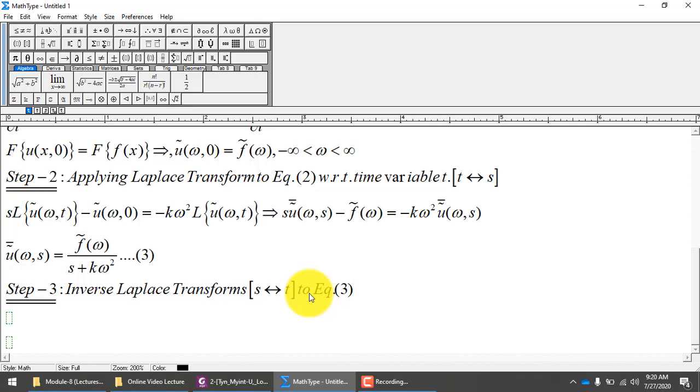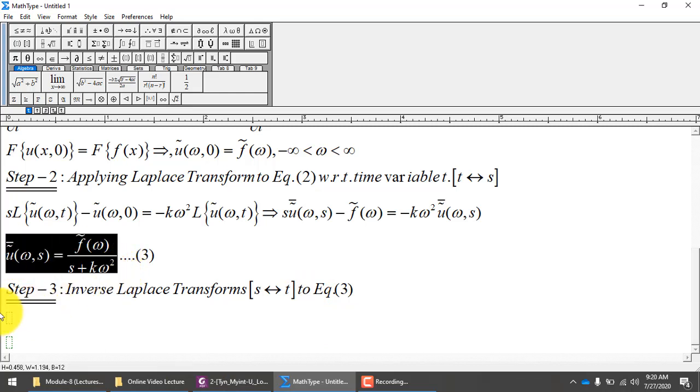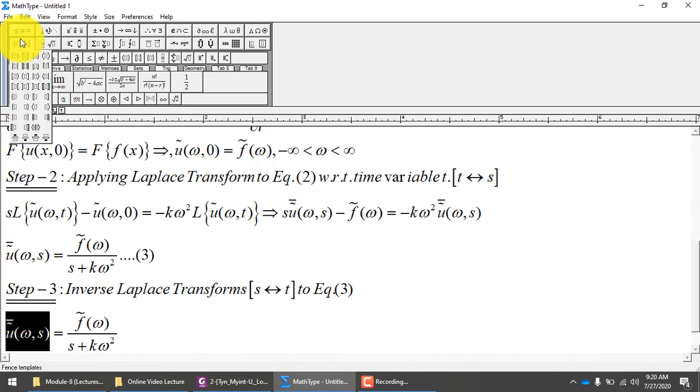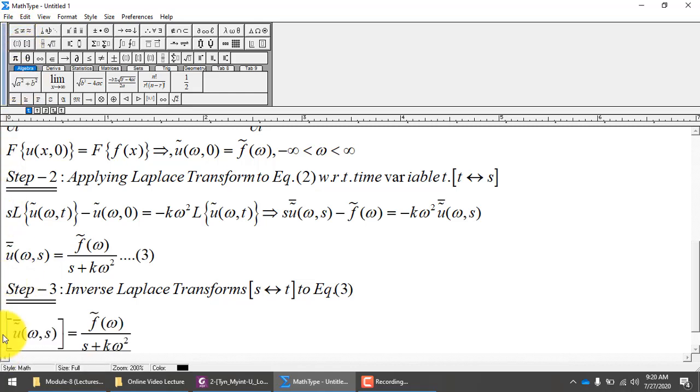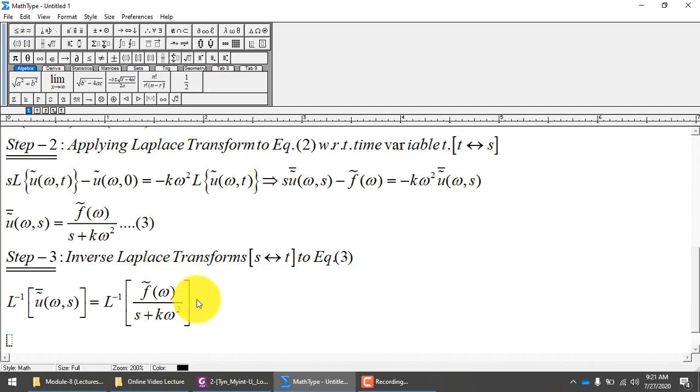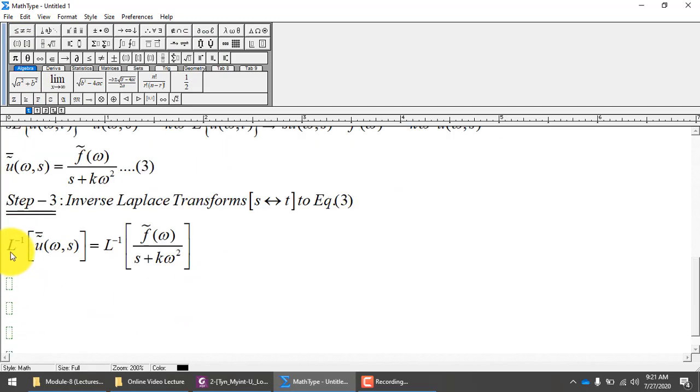You know that firstly we should write the symbolic representation, so that equation will be there, and on the left hand side we will have the Laplace inverse of the given function, and also on the right hand side the Laplace inverse of the given function. Now importantly, what is the Laplace transform of that function? This is a very easy symbolic representation, and in that form you can go back from u bar to u only.